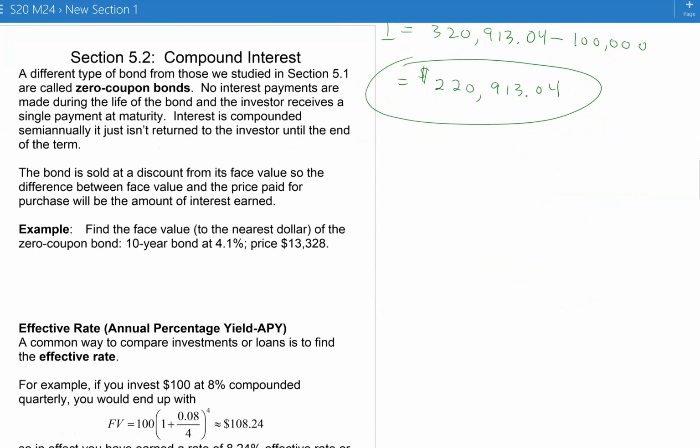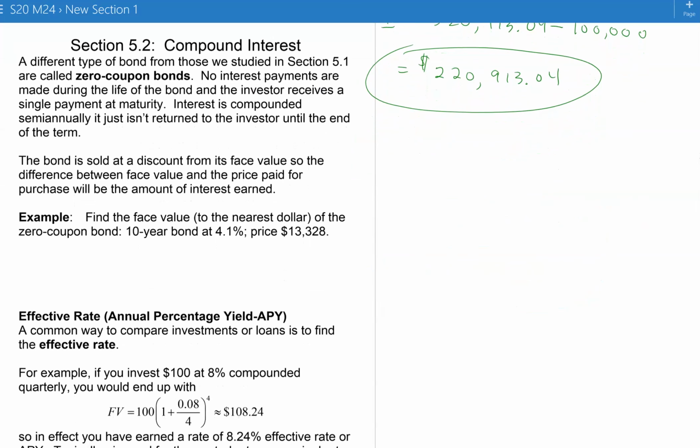Okay, so let's talk about another business application that comes up that you may not have run into in your experience, but I remember talking about these in second semester accounting, these zero coupon bonds. And there used to actually be paper and little coupons on them that you'd tear off and bring somewhere and get money for. So they don't do that anymore, but the name of the vehicle has persisted.